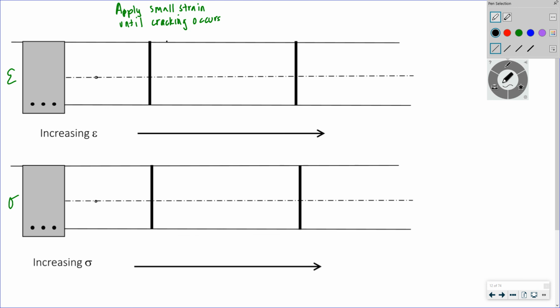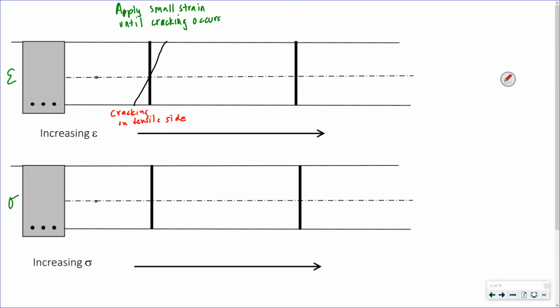So I'm just going to apply a little bit. I'm going to say cracking on the tensile side. All right, because concrete's terrible in tension. Luckily, I have the reinforcement to pick up the slack.